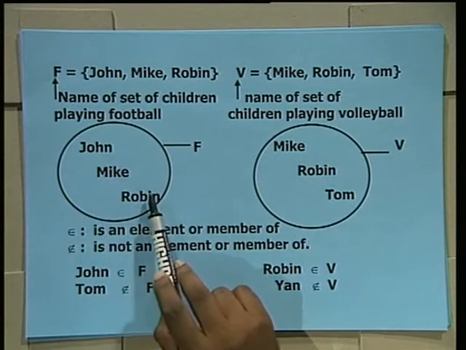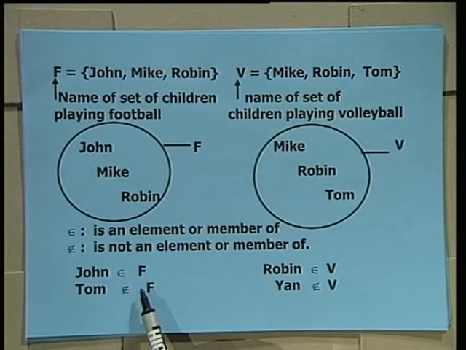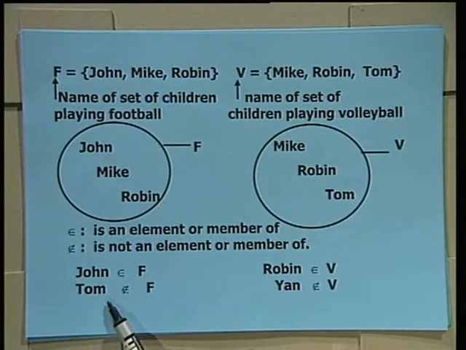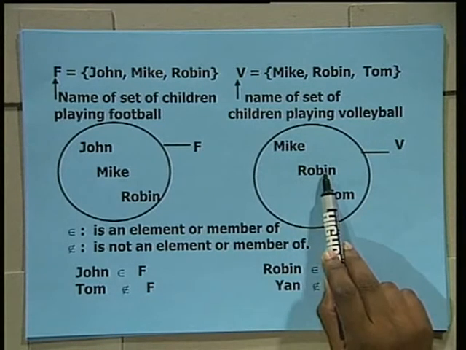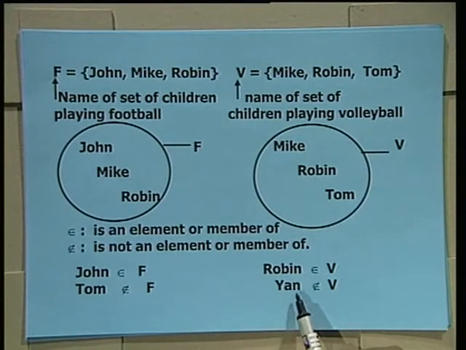Tom is not in the set F, so we'll say Tom is not an element of set F. So we are going to write it in short form in this way. Similarly, Robin is an element of the set V, whereas Jan is not an element of set V.